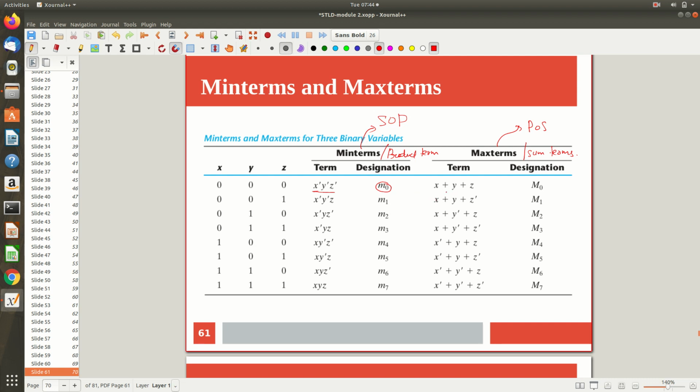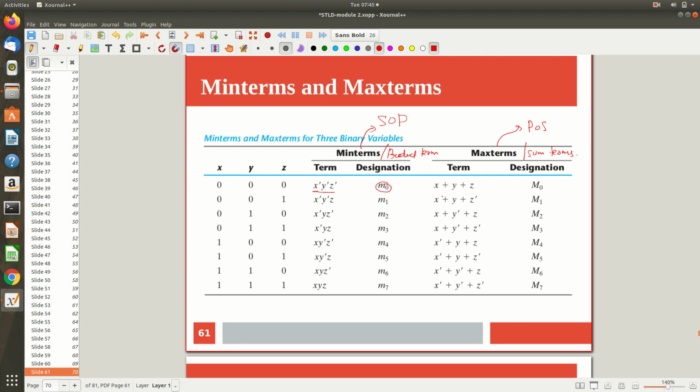It is an OR operation, and when a variable has a value 0, here we took its complement, but there you don't have to take the complement, take the variable as it is. So 0 corresponds to the variable as it is, but whenever we get 1, it corresponds to the complemented form of the variable. So x plus y plus z gives you 0 when x, y, z are 0. That is the way we are taking it.